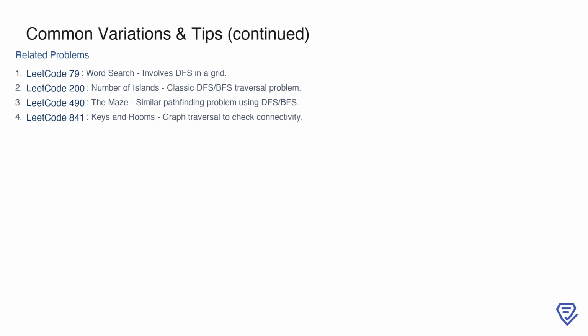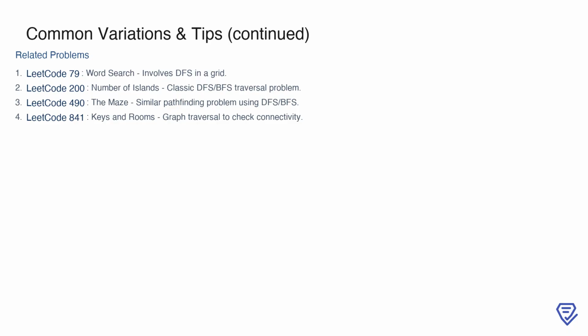It's also helpful to study related problems that share similar concepts or techniques. For example, LeetCode problem 79, word search, involves using DFS to navigate through a grid, much like the Maze 3. LeetCode problem 200, number of islands, is another classic DFS or BFS traversal problem that's highly relevant.